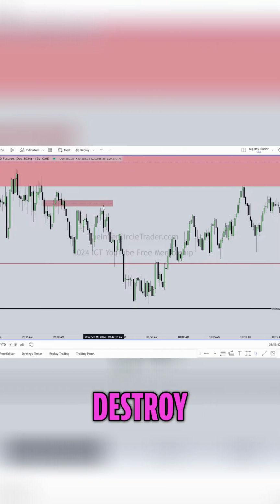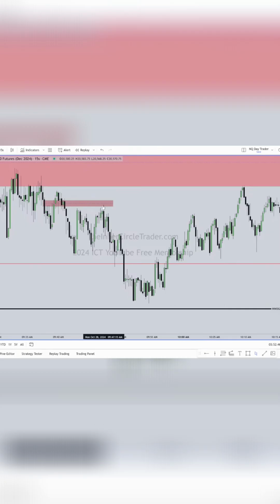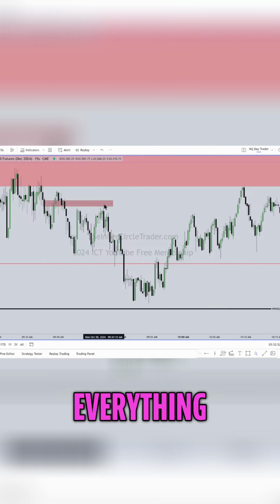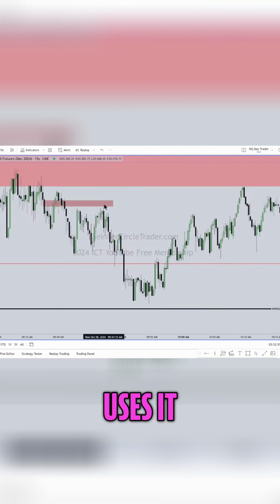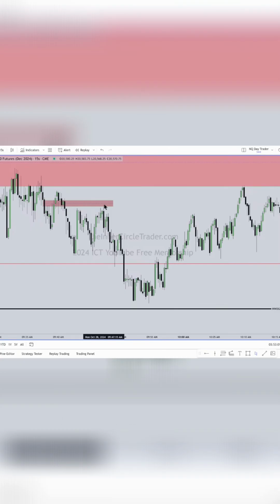But this is not seek and destroy. This is high resistance liquidity run conditions. So it comes back and reclaimed order blocks, reclaimed fair value gaps, reclaimed everything. Any PD array that uses its characteristic twice, it's going to be synonymous in high resistance liquidity run conditions.